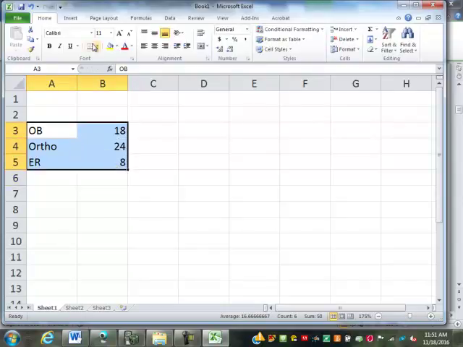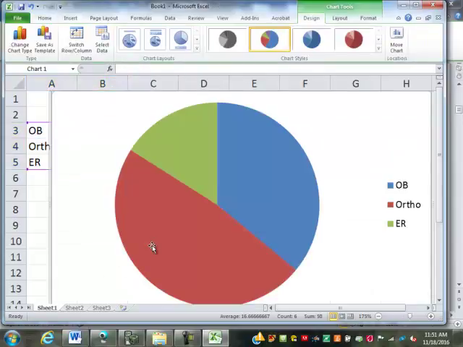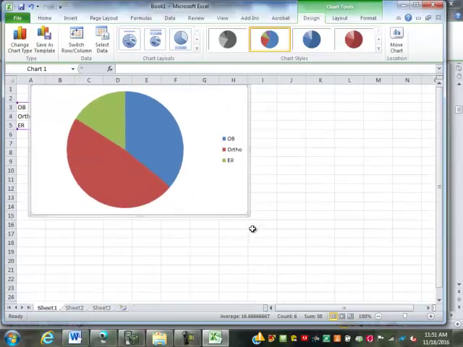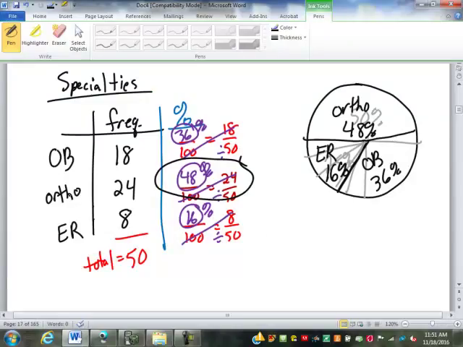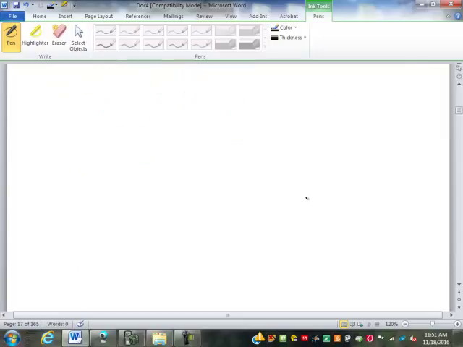And literally in seconds have a pretty good pie graph. Okay, enough of that. Another graph we have to be able to read is a line graph.